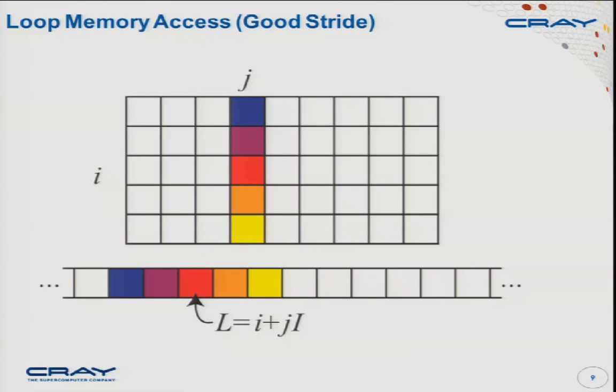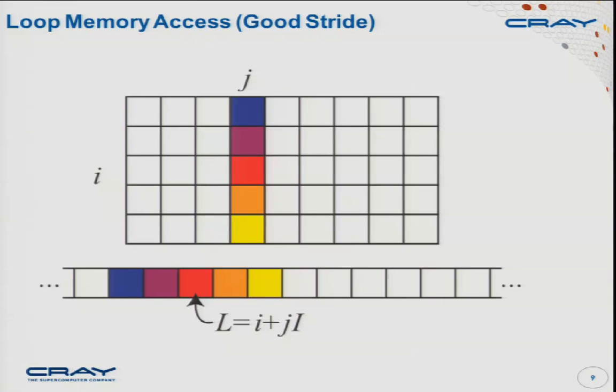Now, the next slide is going to get into cache, but at this point I'll also say something about caches, and how they work with spatial locality. The good news is you almost always want to do stride 1 through memory, because that's the way the cache likes to be accessed in the first place.